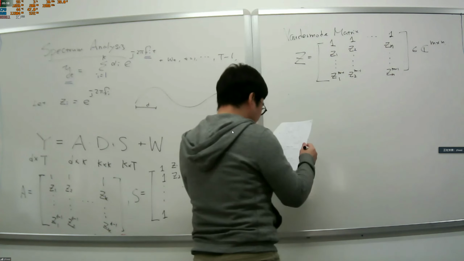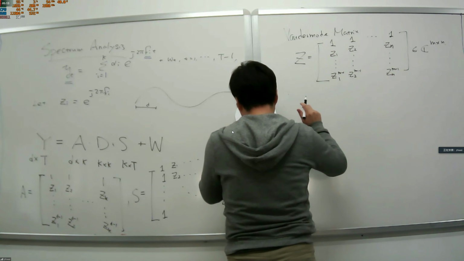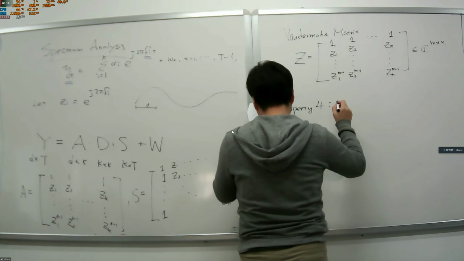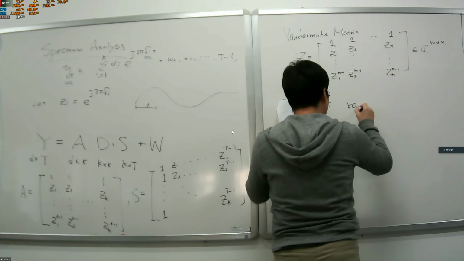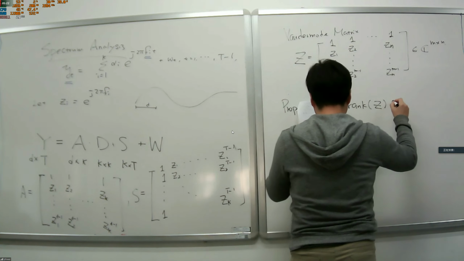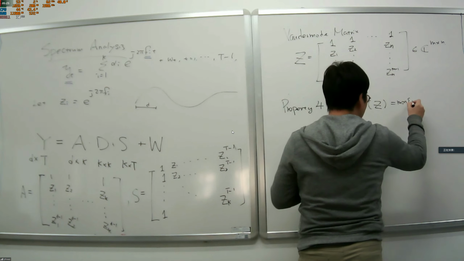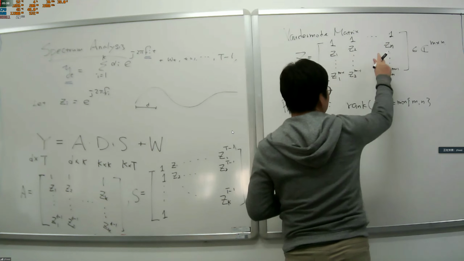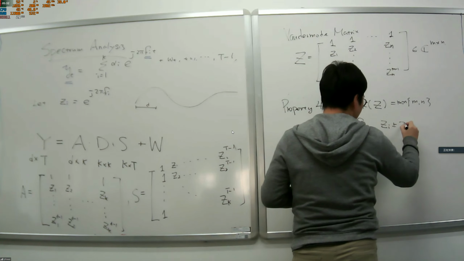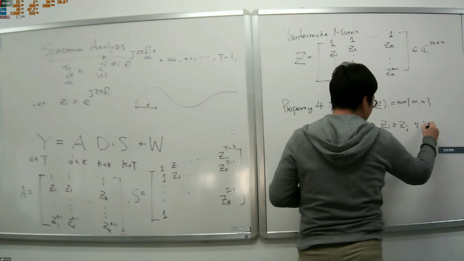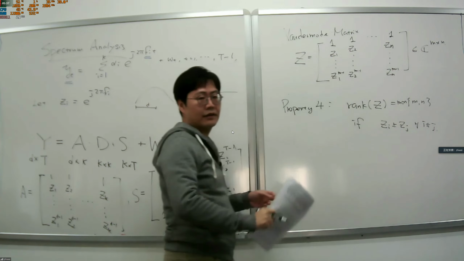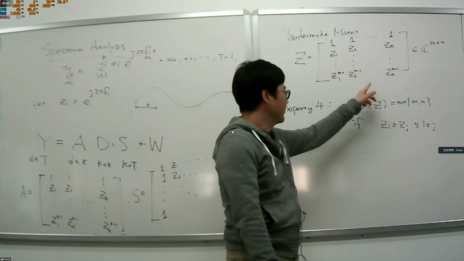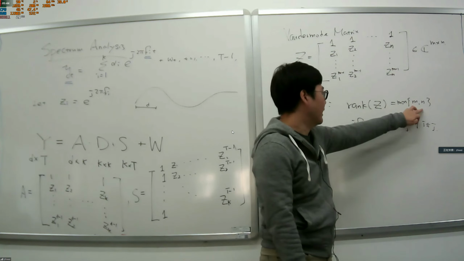Then the key property is that this type of matrix is always full rank, as long as z1, z2 to zn are different. If m is larger than n, then its rank is n.